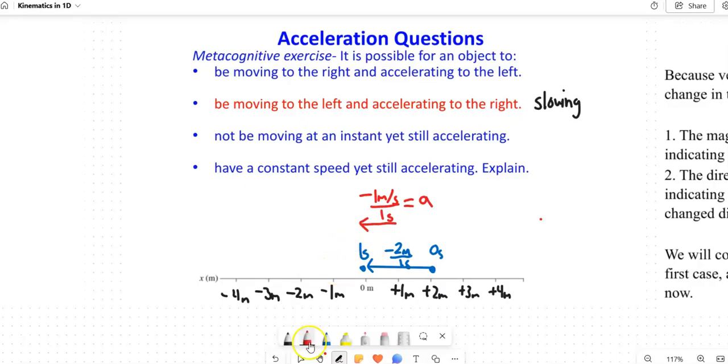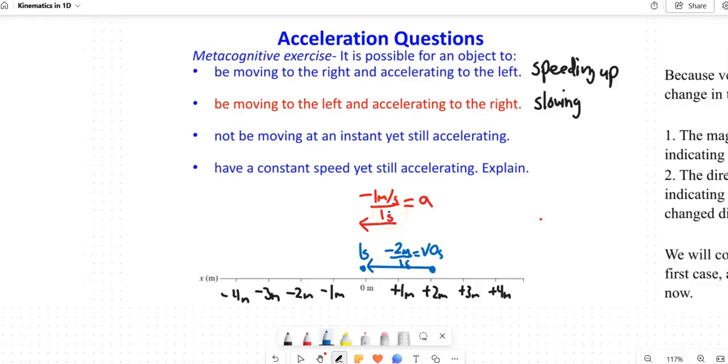During that period of time that they're pushing you to the left as you're moving to the left, you're going to be speeding up. So when your acceleration vector and your velocity vector are pointed in the same direction, that is called speeding up.